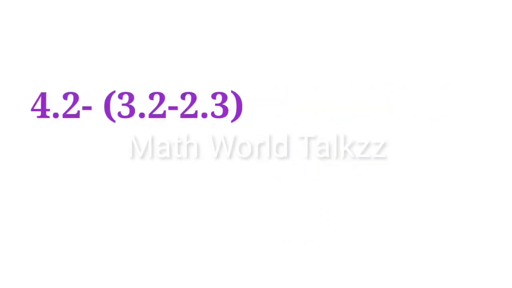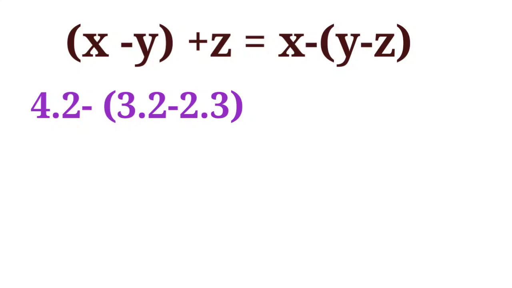Okay. Then the next problem, 4.2 minus 3.2 minus 2.3. So it will be easy if we take 4.2 and 3.2 together. So which rule can we use to solve this problem easily? We know that x minus y plus z equals x minus y minus z.